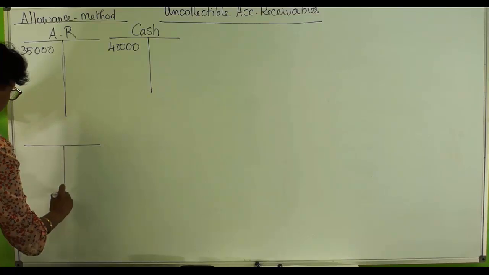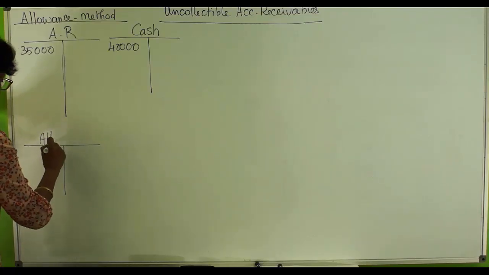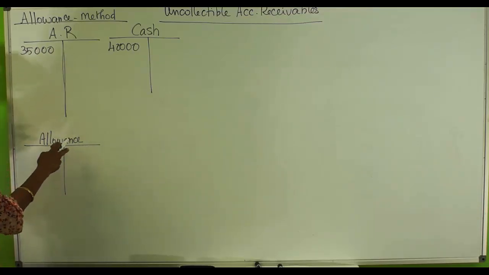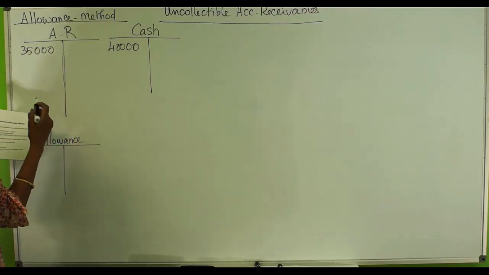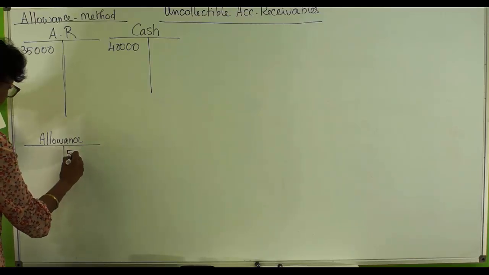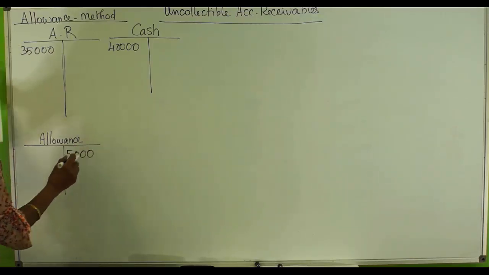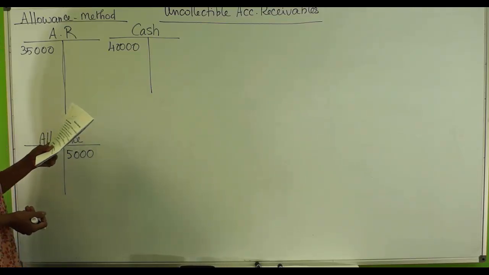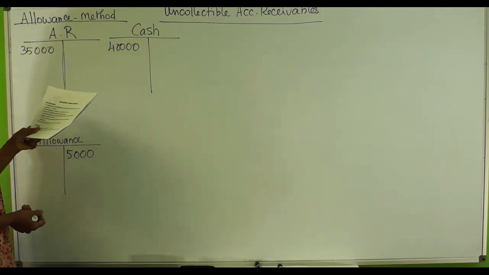Here you have the allowance, and as you know, the allowance for uncollectible accounts is a contra asset, therefore it can have only a credit balance of $5,000. So these are all the information coming from information 1 and 2.